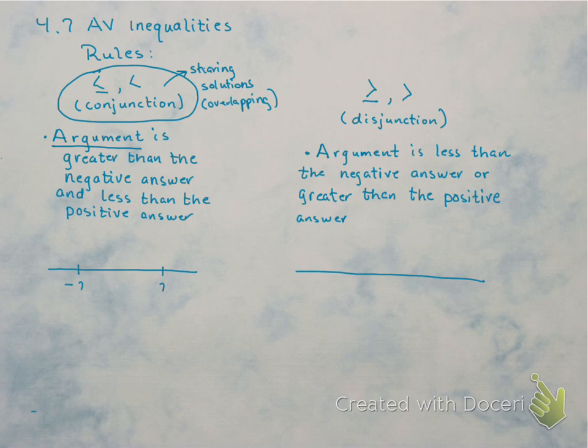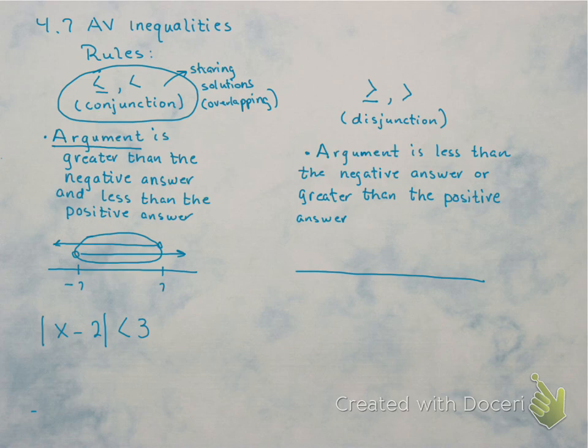So if I've got greater than the negative, I'm going to the right of the negative. If I've got less than the positive, I'm going to the left of the positive. And what you see here is the overlapping, and that is the conjunction, okay? So if an absolute value, just for example, looks like this, that is a conjunction, okay?